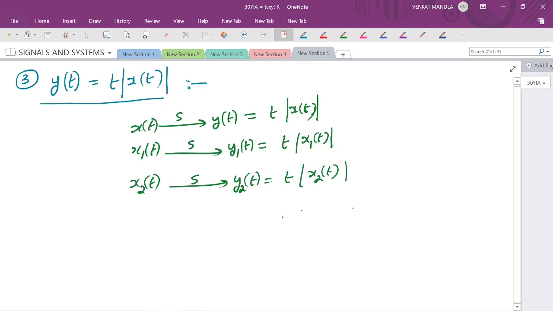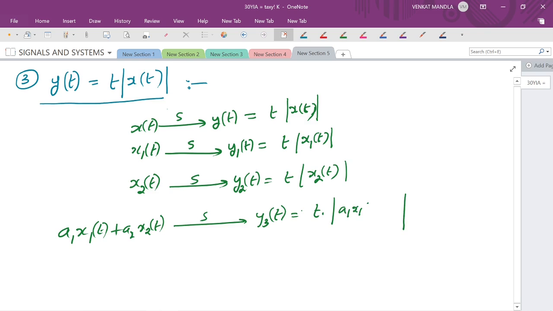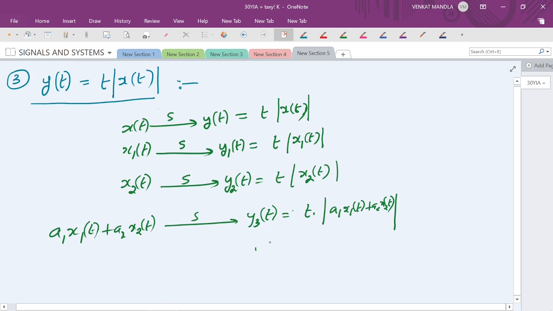Okay. Now I will apply the combined input a1 x1(t) plus a2 x2(t) as the input. y3(t) is t into mod of the input, that is a1 x1(t) plus a2 x2(t). This is y3(t).